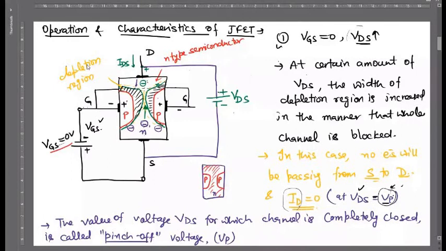Understood my point? So why is this called a voltage control device? Because the current flowing between source and drain terminal is controlled by the voltage applied between gate and source and drain and source. So that's why this is called a voltage control device. Okay, I hope I am clear enough in my point.